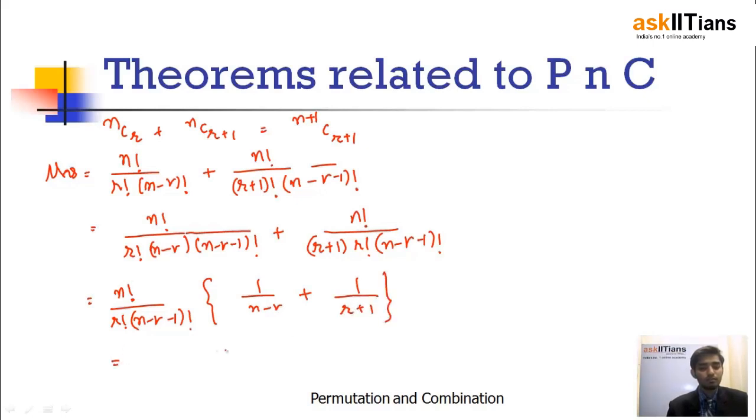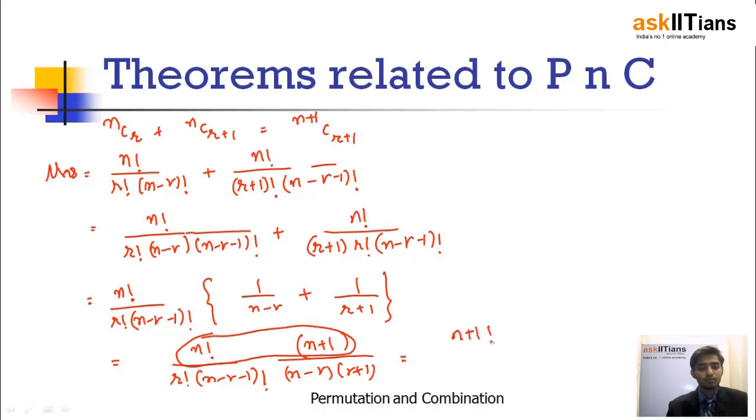Now this will be equal to n factorial divided by R factorial, n minus R minus 1 factorial, with n minus R into R plus 1 as the LCM, and then I will get n plus 1 in the numerator. So n plus 1 into n factorial will be basically n plus 1 factorial, and n minus R minus 1 factorial into n minus R will be n minus R factorial, and R plus 1 into R factorial will be R plus 1 factorial. So this is again equal to (n plus 1)C(R plus 1), hence proved.